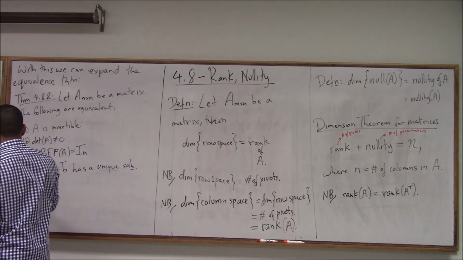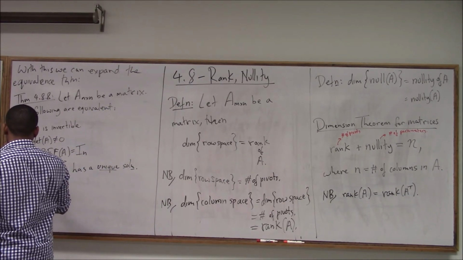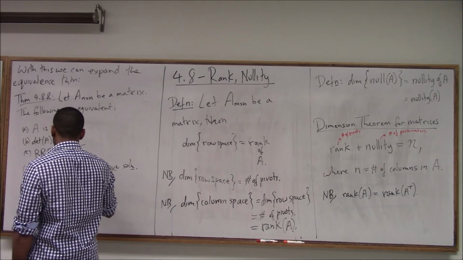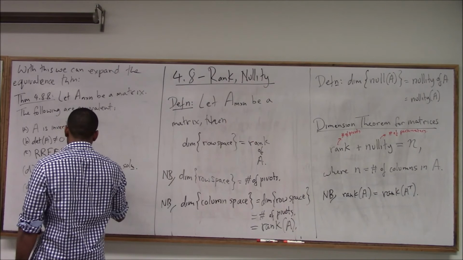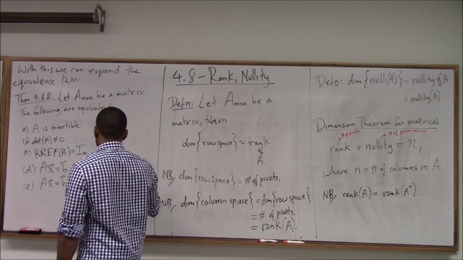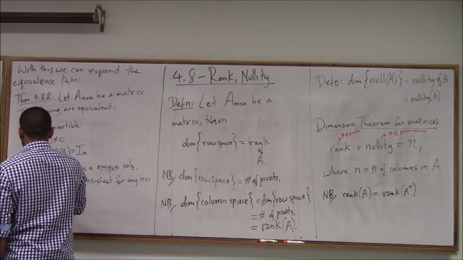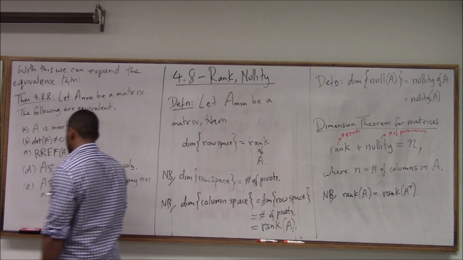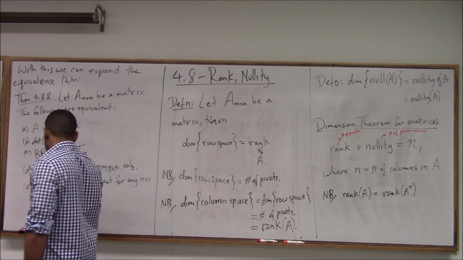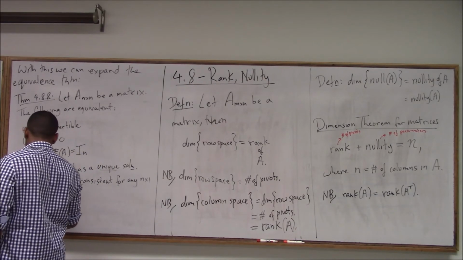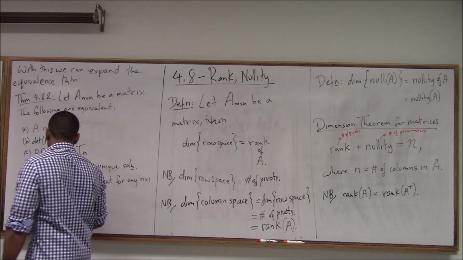They put this as a separate thing, but you can know it is consistent. It will have some solution for any n by 1 matrix B. In fact, for each individual matrix B, it will have a unique solution. What can you tell me about AX equals 0? It has only the trivial solution.